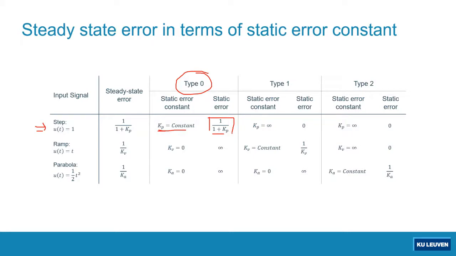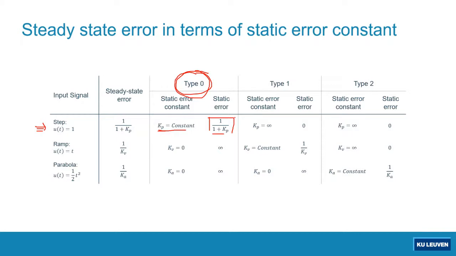The steady state error will be finite. That means if to this type 0 system a step input is given, there will be a finite, a constant steady state error in the step response.